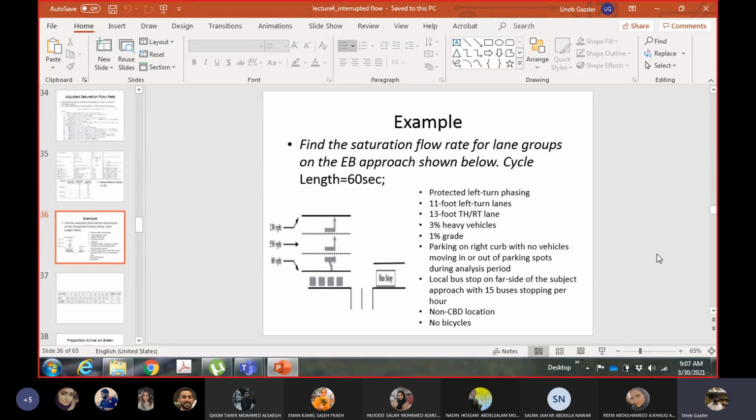Movement groups are the lanes which must pass from the same phase, and the lane group consists of all the lanes which have the same capacity. So how many movement groups and lane groups do we have here? We have total 3 lanes, so how many movement and lane groups can you make here?